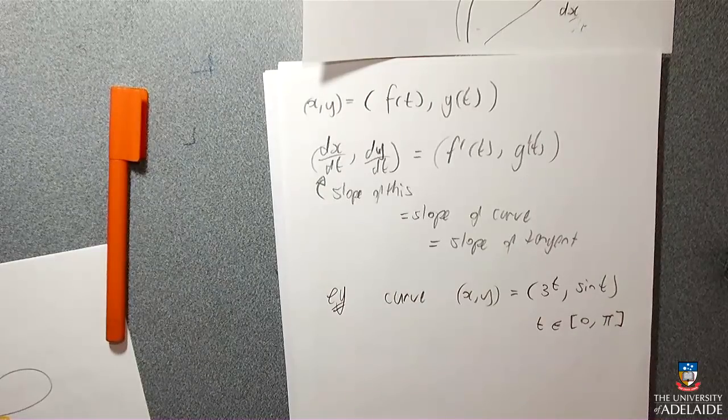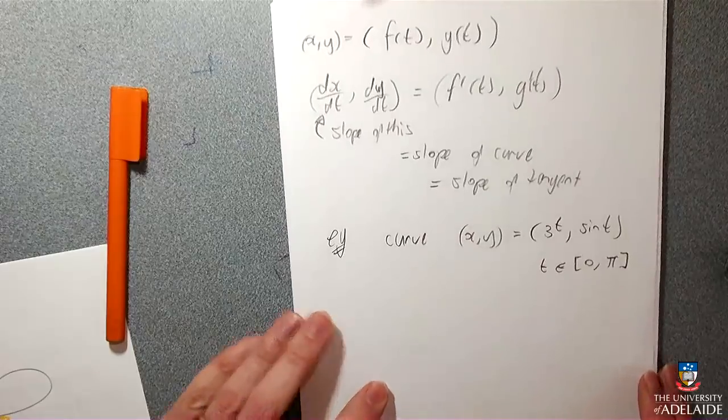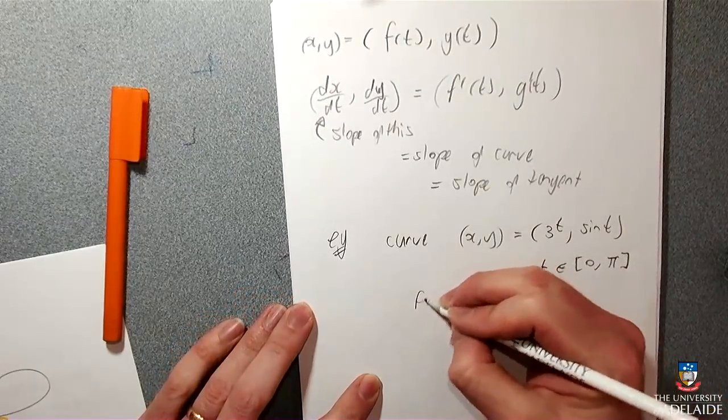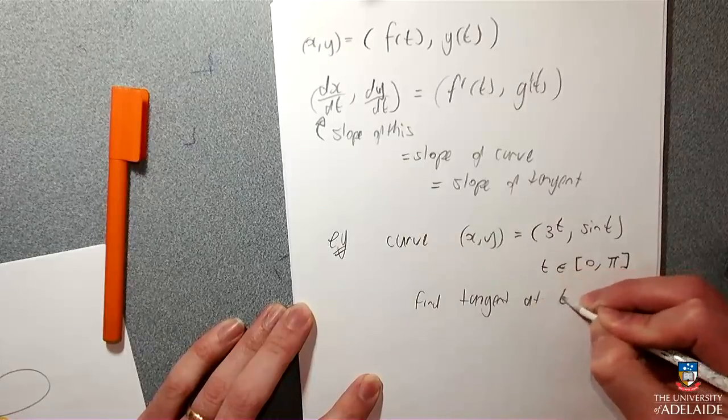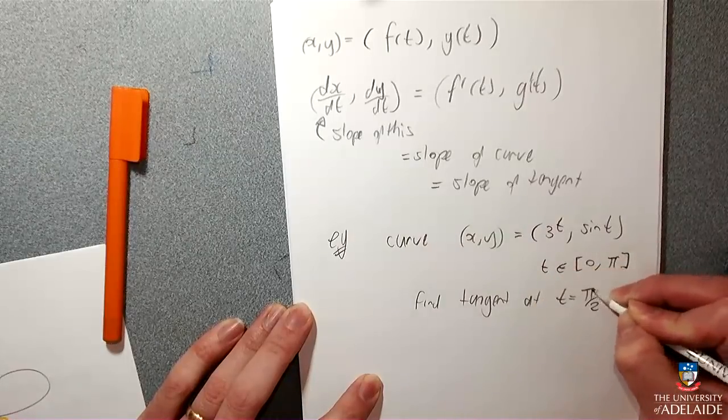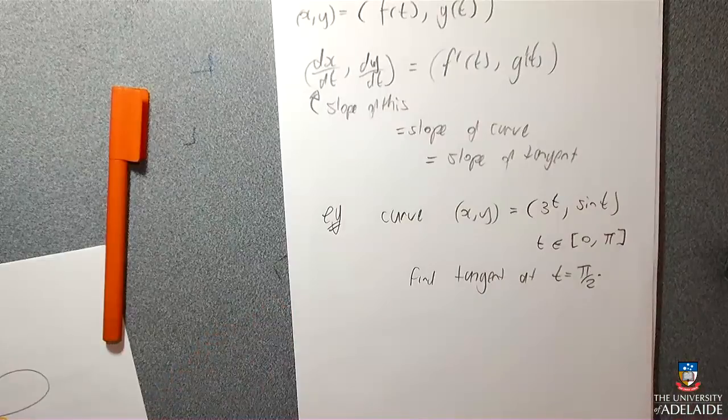So this is my curve, and I am going to try and figure out what the curve is doing at the point where t is pi on 2. Okay. So I can find the point that it is.